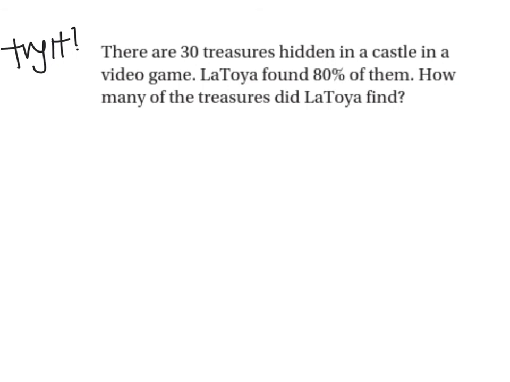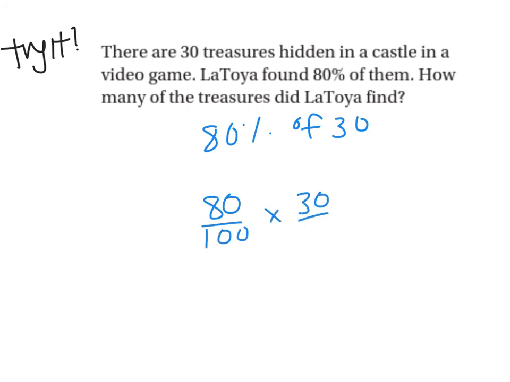Okay, so in this problem, we were looking for 80% of 30. What is 80% of 30? So we do 80 over 100 times 30 over 1. Do some cross canceling, 3 and 10. And 80 times 3 would be 240.